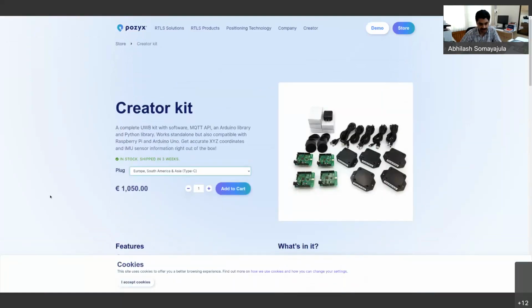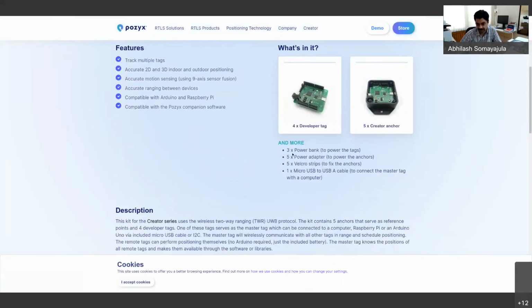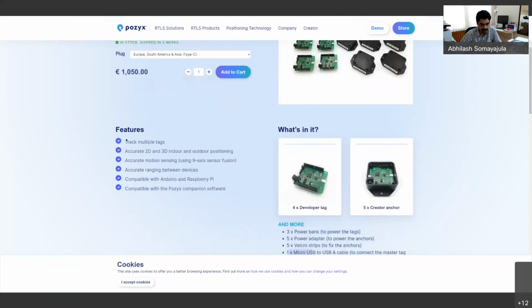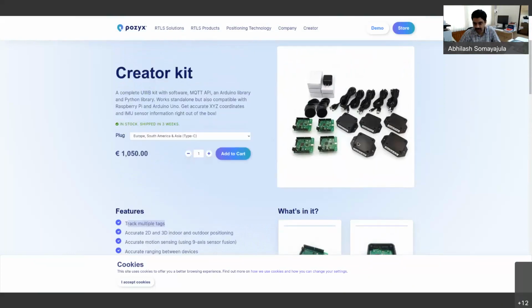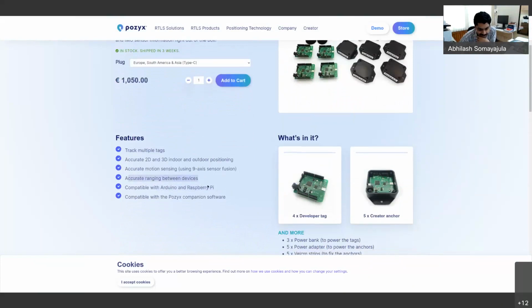This is Asia Type C. What does it come with? It comes with 3 power banks, 5 power adapters, 5 Velcro, 1 micro USB, multiple tags. These ones which you see here are the tags, and this is the board. Accurate positioning using 9-axis sensor fusion, compatible with Arduino and Raspberry Pi, and accurate ranging between devices.